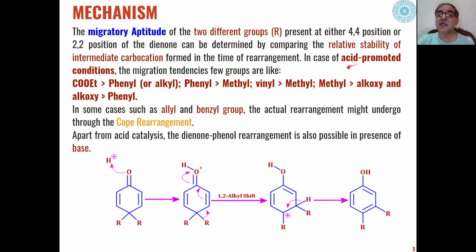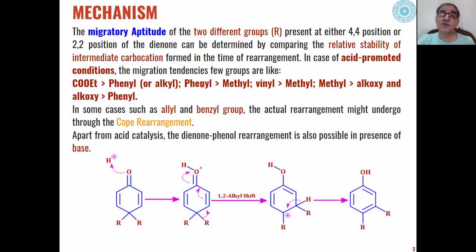So for example, in case of acid catalyzed reactions, if the two groups are say an ester group and a phenyl group, one R is ester group, other R is phenyl group, then this ester group will migrate in preference to the phenyl group, because when the ester group migrates, the phenyl group will remain over here, and this carbocation will be a benzylic carbocation, which is more stable.